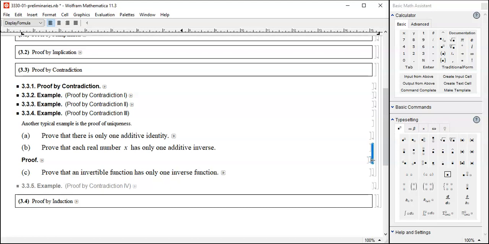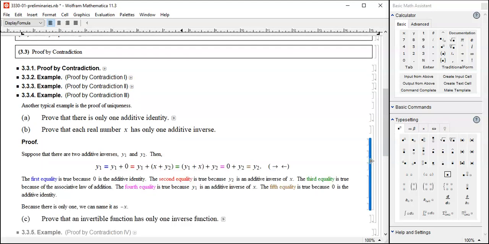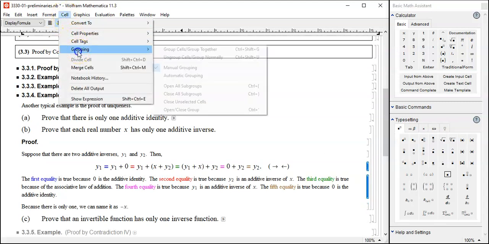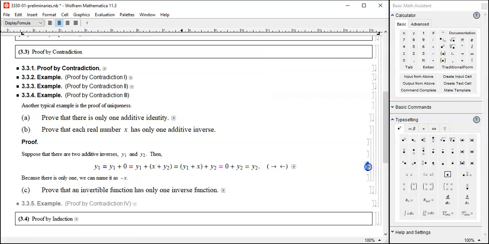Ready? This is harder, much harder. Okay, let's go. Let's suppose x has two inverses, y1 and y2. And we have this kind of computation.